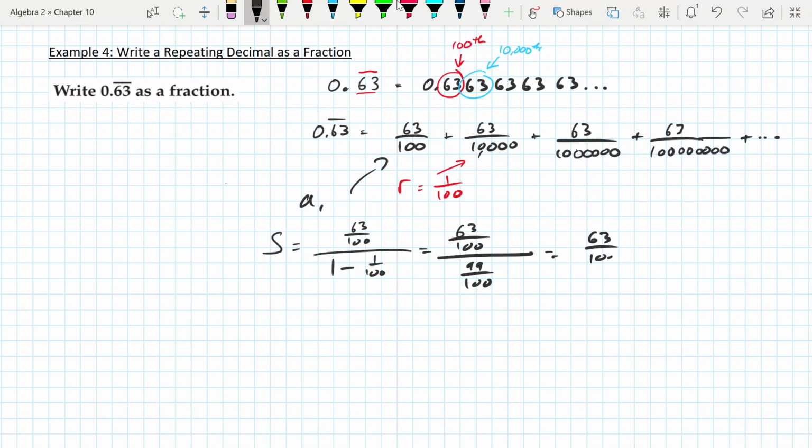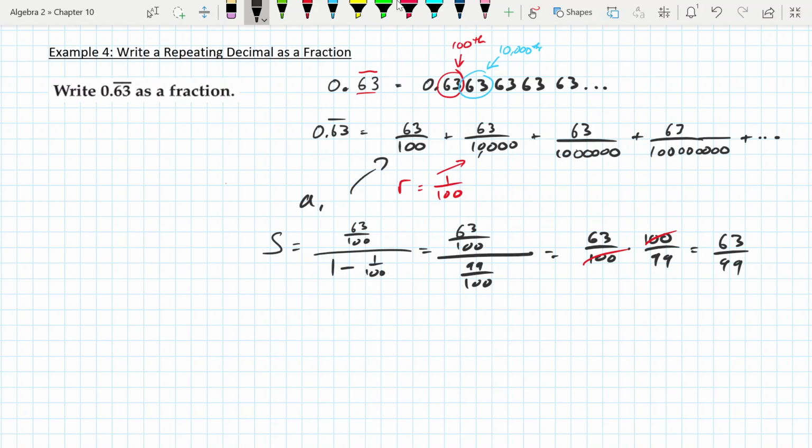There's an interesting thing that's going to happen here. When I flip the second and multiply, the 100s are going to cancel out. So I'm left with 63 over 99. And both of those are divisible by 9.